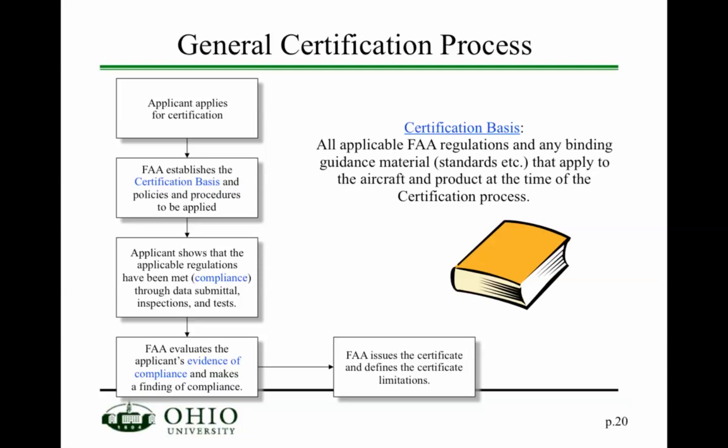Then the FAA evaluates all this evidence of compliance and makes a finding and says, well, this is all good enough, or there are a couple of things missing here and there. And when everything is fine, the Federal Aviation Administration issues a certificate and also defines the limitations of this certificate.